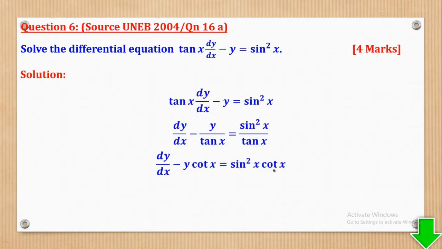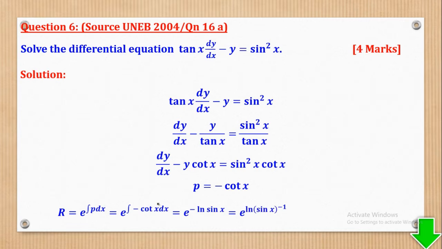Now from there, the coefficient of y is negative cot x. That is what we shall use to get the integrating factor. So integrating cot x gives you ln sine x, but remember there's a negative here, so you bring it there. Then after that, you'll have to take this negative up here to come up with this.